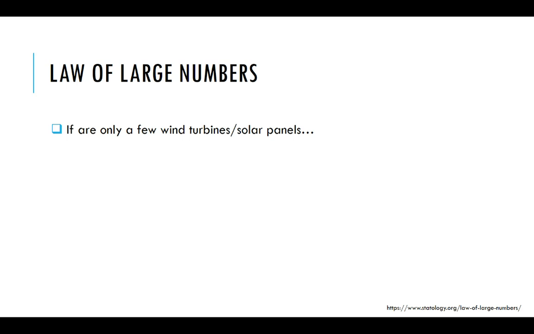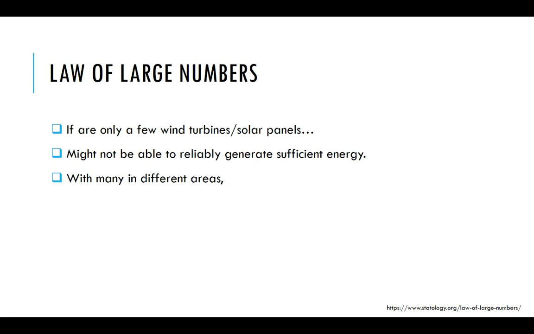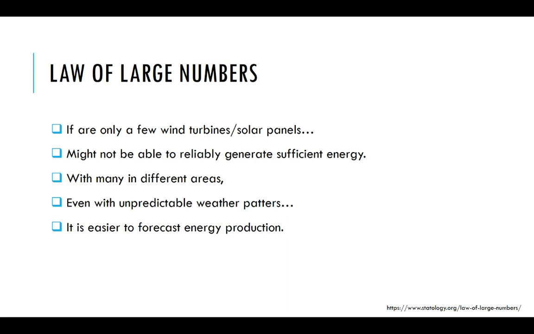But if there's only a few wind turbines or solar panels, they're not necessarily going to be able to reliably generate sufficient energy. So again, the law of large numbers comes in because with many of these different things in different areas, even with unpredictable weather patterns, because you never know when you're going to get lots of sun, right? You've got a forecast, but you don't know two months from now. The bottom line is it's easier to forecast energy production in this way. So again, law of large numbers at work.